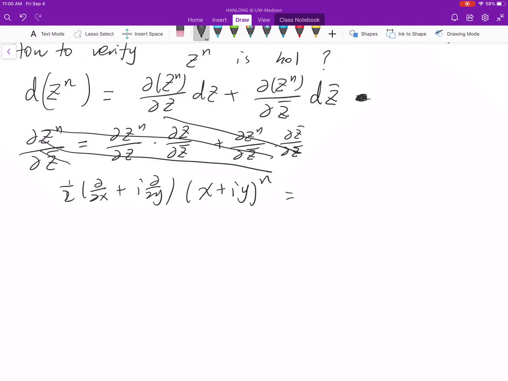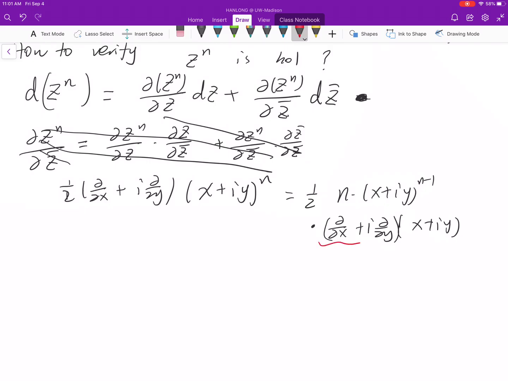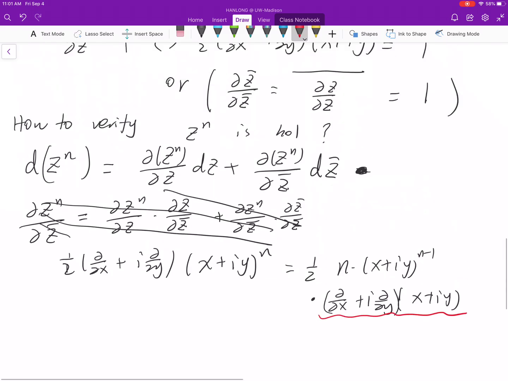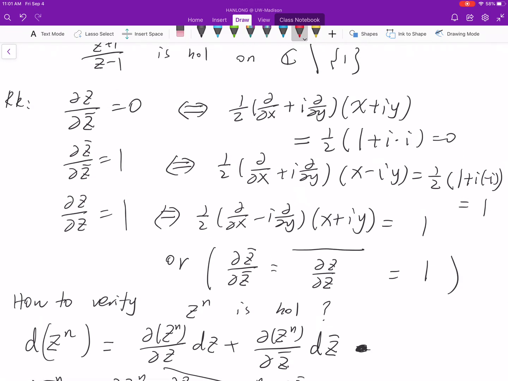So you have 1/2 times n times (x plus i y) to the n minus 1 times (partial x plus i partial y) of (x plus i y). No matter what it is, this gives you 0 because we already computed it here.